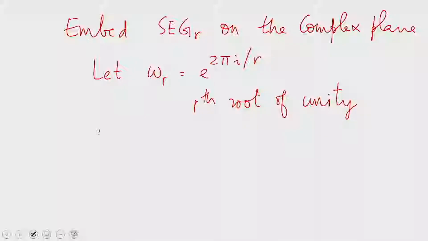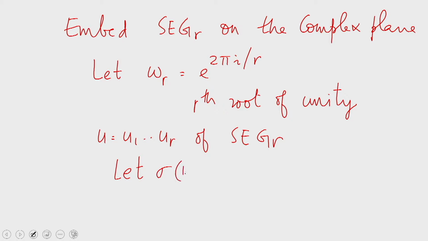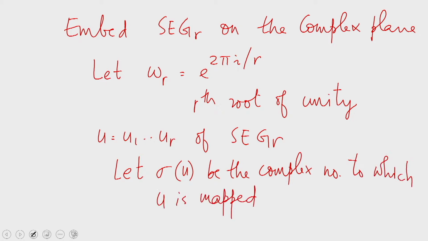Now, consider node u equals u1 through ur of SEGR. Let sigma of u be the complex number to which u is mapped. So, we map the network onto the complex plane using a function sigma of u. Now, sigma of u is defined in this manner.